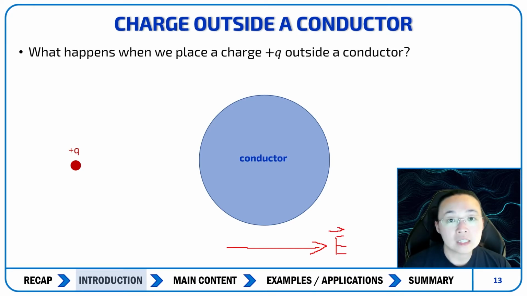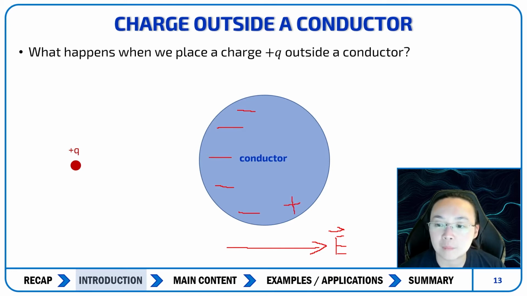So in the conductor itself, which was originally neutral, you have your negative charges going to this side. They're very big negative charges. Now you have positive charges on this side. So that part makes sense.